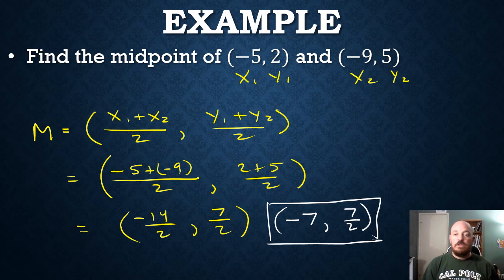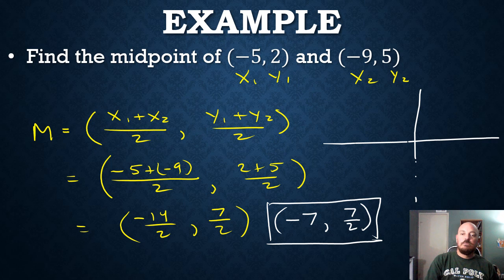Now, even though this wasn't part of the question, let me sketch this real quick. Let's plot these 3 points and we'll see if it looks like the midpoint. So if I did a quick coordinate plane here, I'm going to kind of approximate. I'm not even going to count squares on the numbered lines.